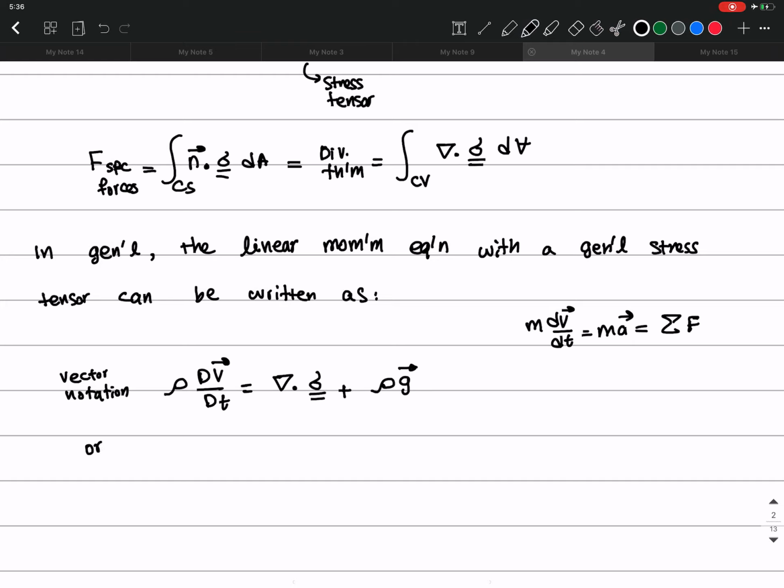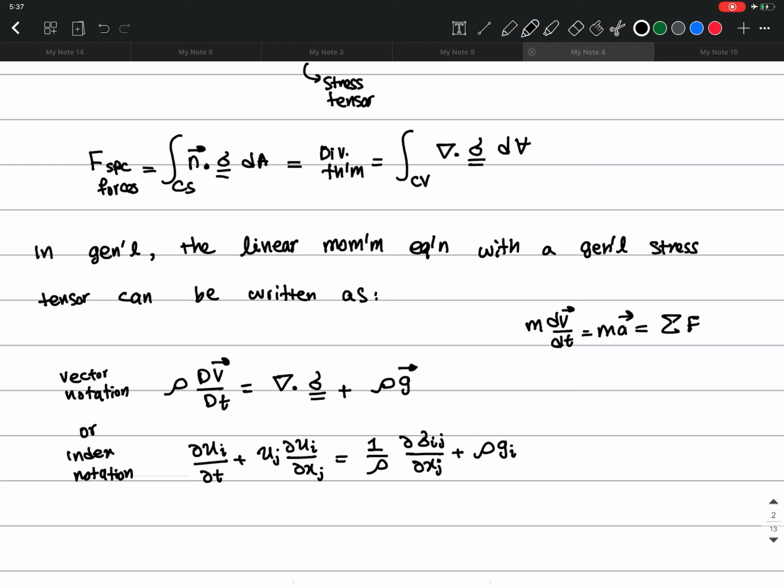Or in index notation, I'm going to divide everything by rho, so it's going to be partial ui over partial t plus uj partial ui over partial xj equals 1 over rho of partial sigma ij, this is a tensor and I'm going to talk about what this means, over partial xj, plus rho gi.